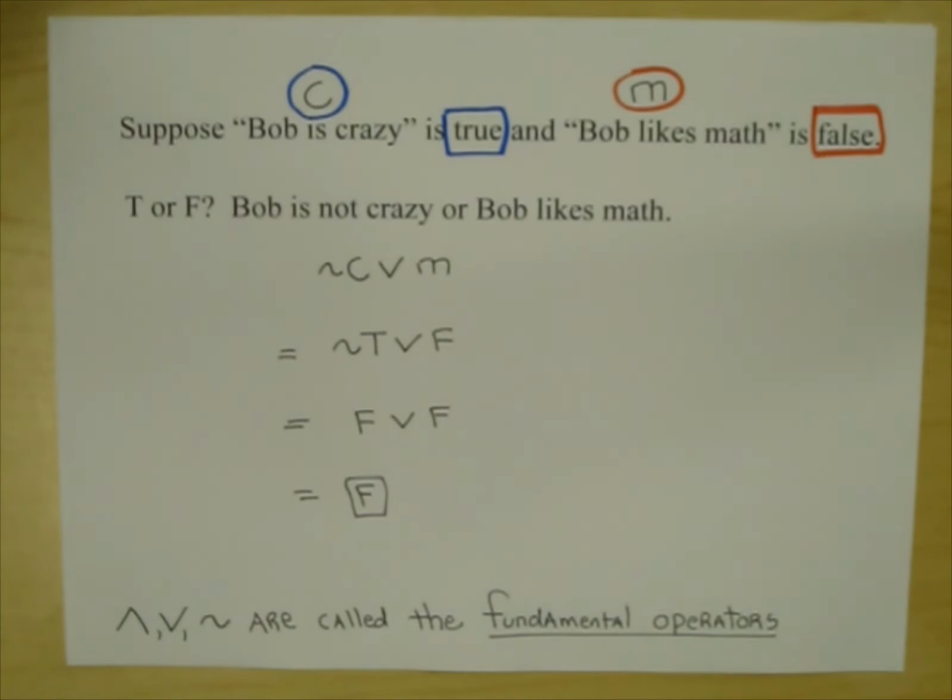Okay, the rest of this lecture is going to be constructing truth tables for statements. Okay, and we'll see this in the next few sections. This is an important thing. If you've had a logic class, you probably did truth tables. So here it goes.